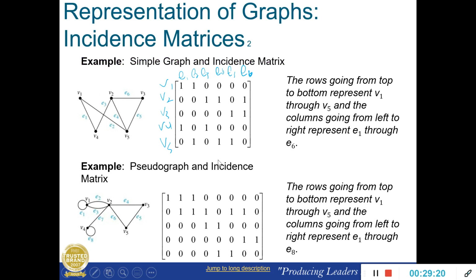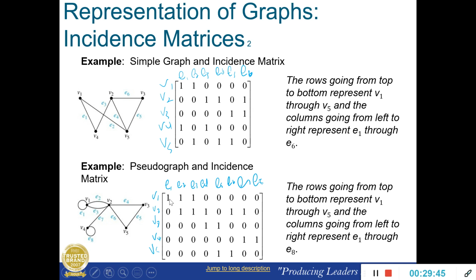Pseudograph and incident matrix. Again, you put on the row the vertices V1, V2, V3, V4, and V5, and on the columns E1, E2, E3, E4, E5, E6, E7, and E8.